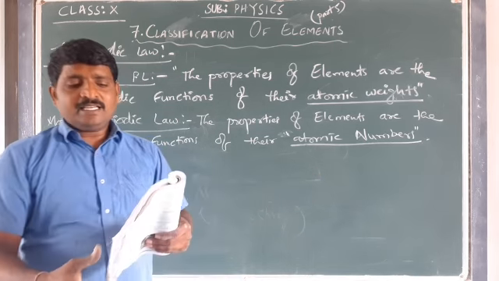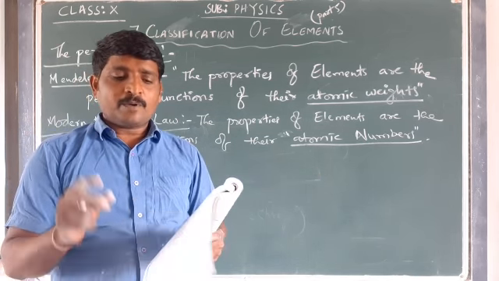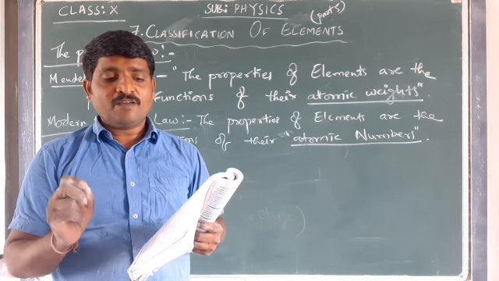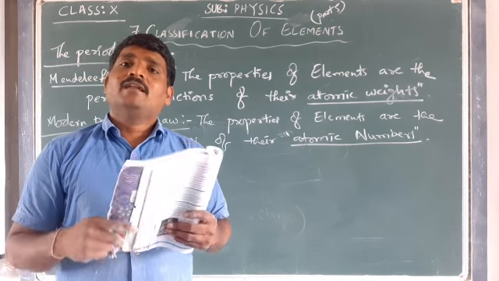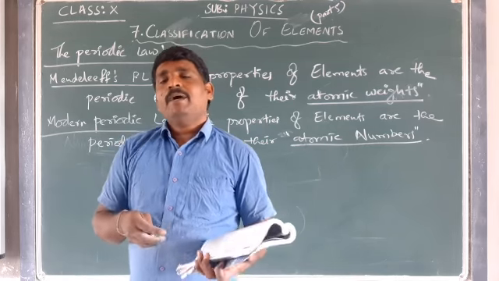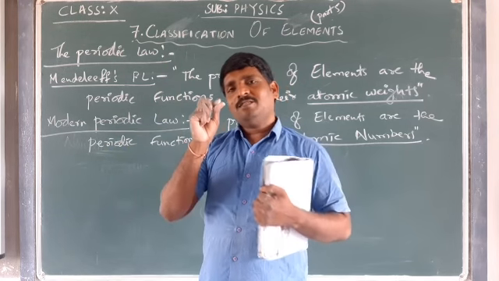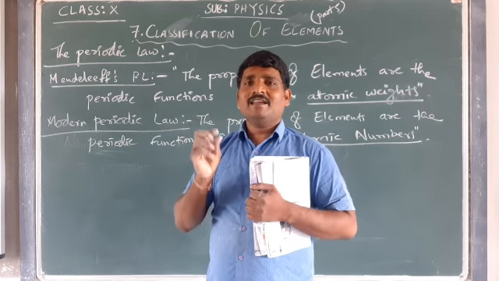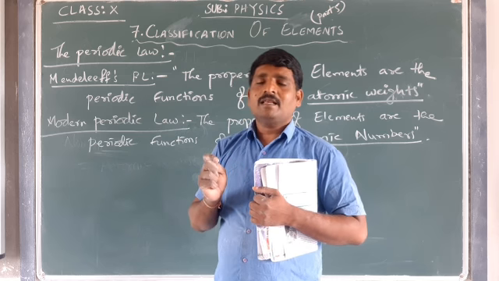The modern periodic law states that the properties of the elements are the periodic function of their atomic numbers. But there is a small concern here when we focus on the atomic numbers.